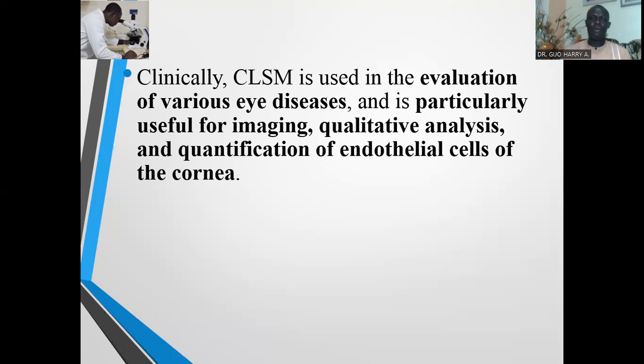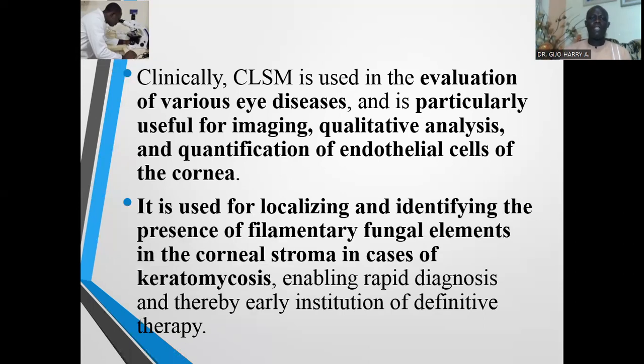It is used for localizing and identifying the presence of filamentary fungal elements in the corneal stroma in cases of keratomycosis, enabling rapid diagnosis and thereby early institution of definitive therapy.